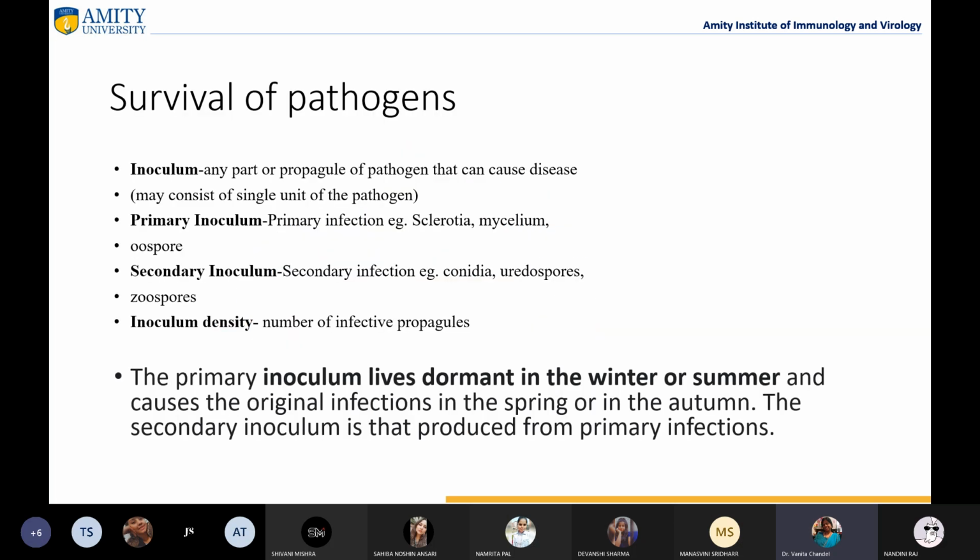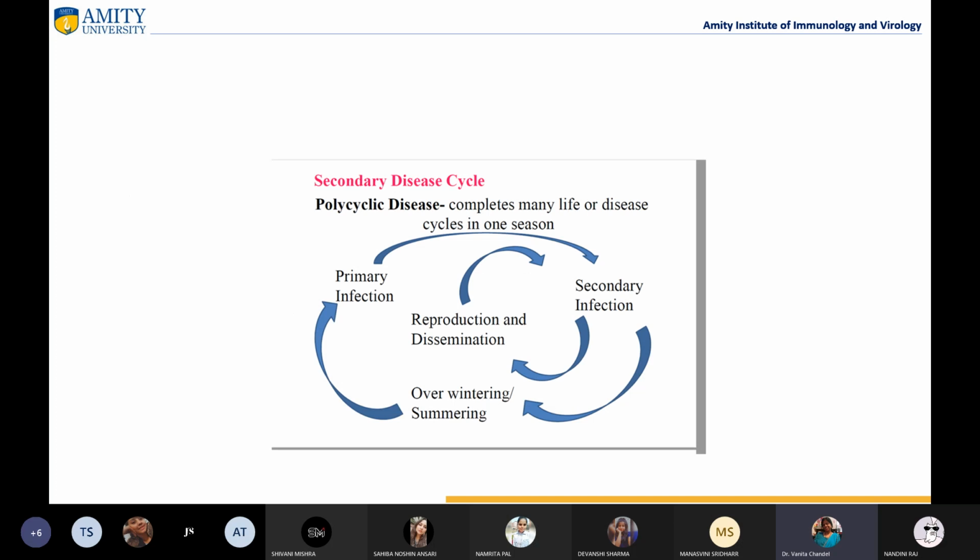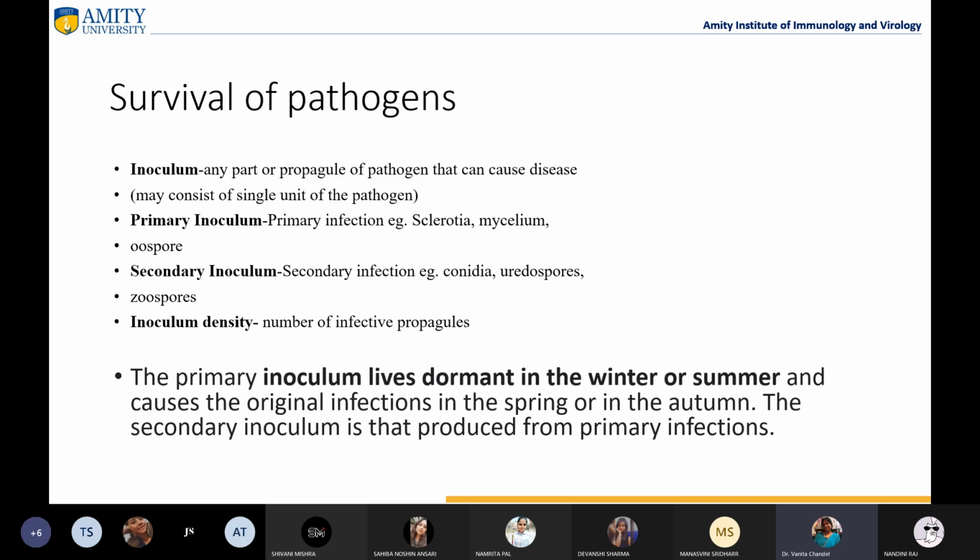Then we have the survival of the pathogen, that is, how they survive. There are different terms. Inoculum, as I told you earlier, is any part of the pathogen that can cause disease. It could be spores, fungal spores, and they are called inoculum. Primary inoculum is that which causes the primary infection, the first infection.